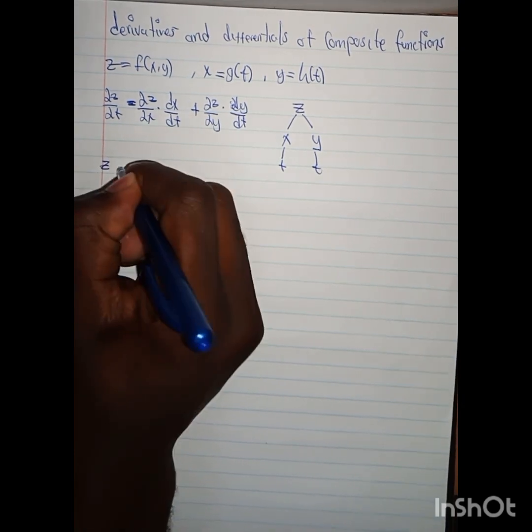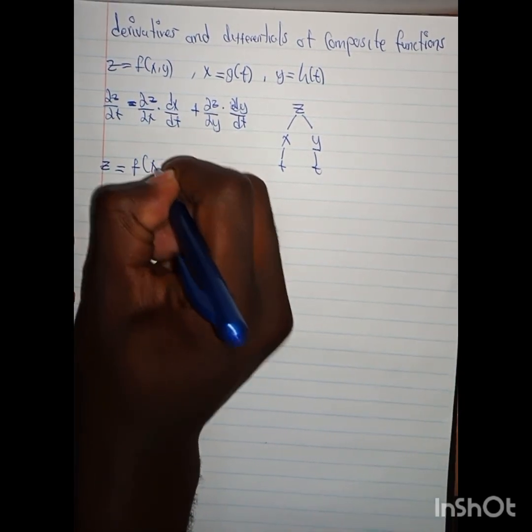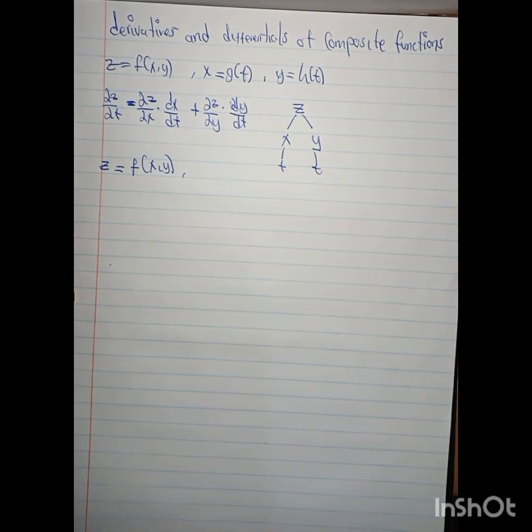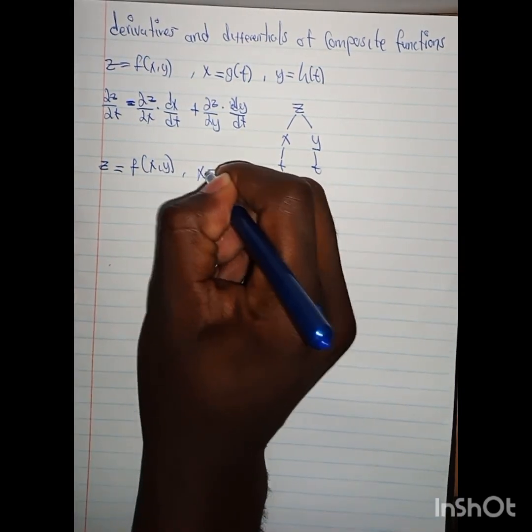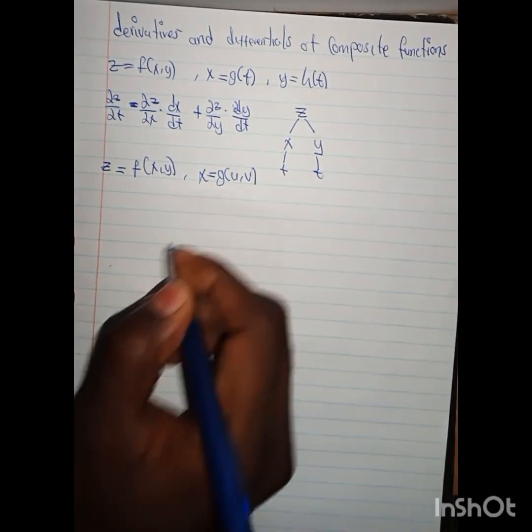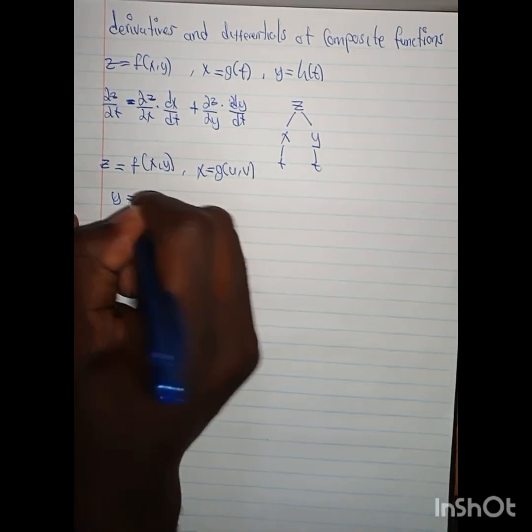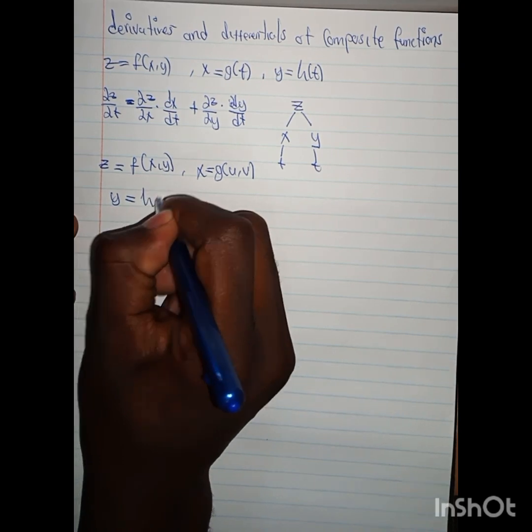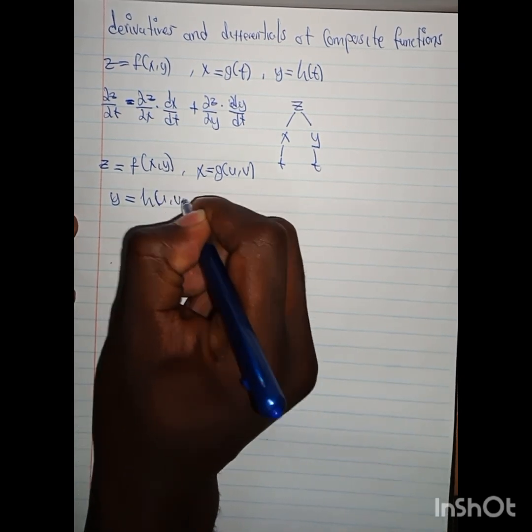So in contrast to what we have, we can also look at the following composite function. Let me call it z is f of x, y, and then x, let me call it g of u, v, and y, I can call it h of u and v.